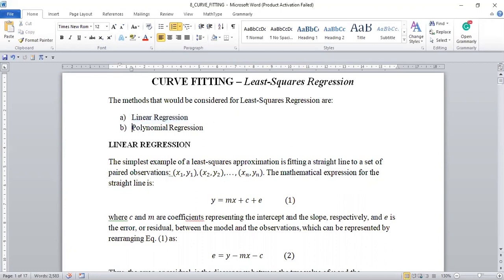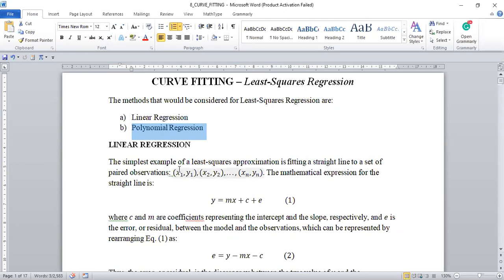But for polynomial, it becomes a curve, because linear is just a first-order polynomial, while polynomial regression is order greater than or equal to 2. So this is what we're going to be considering in this class for today.